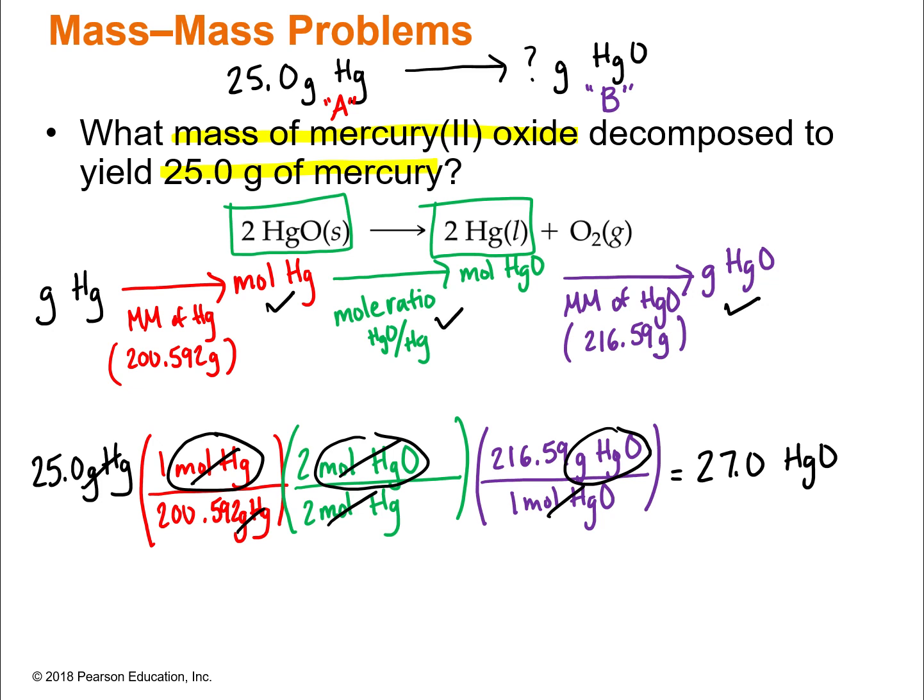The key to doing these problems is staying organized. The colors may seem a little bit much to some of y'all, but it really does help to solidify what goes where and in what order.